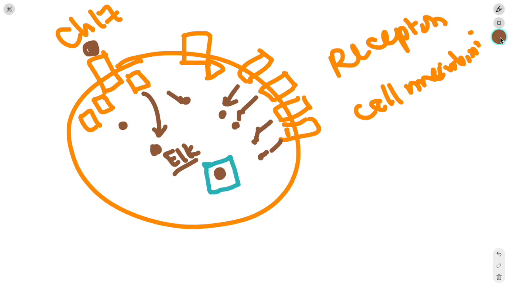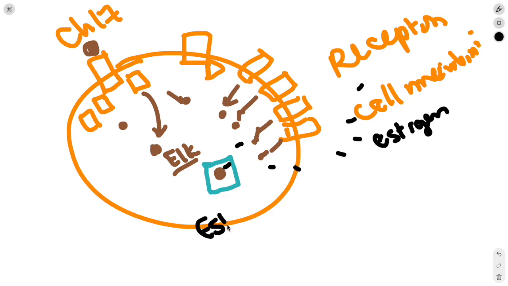And what's going on here is that estrogen is very hydrophobic, and it can just diffuse through the membrane and bind to the receptor inside the cell. So we have estrogen, and the estrogen receptor that we're talking about today. And so there's a receptor that's a curious one that's actually inside the cell, and it's a transcription factor.